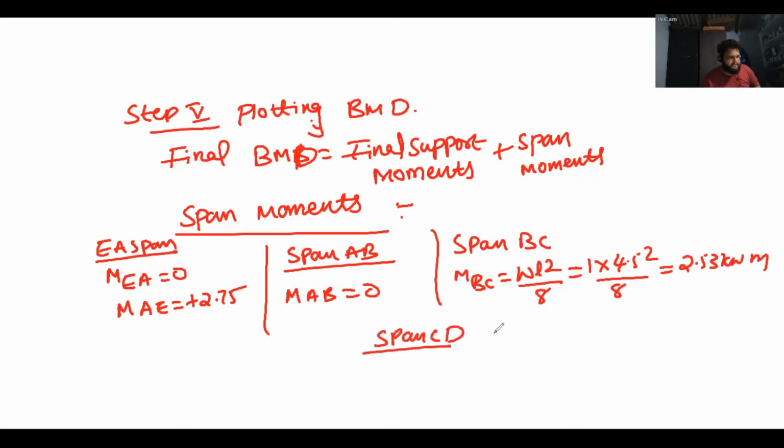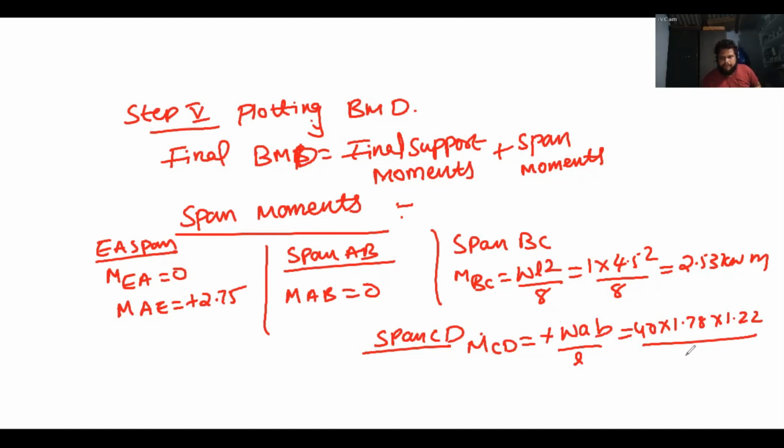Yes, it is eccentric loading. So M_CD will become, minus is not required, plus WAB by L. So W is 40 given, a is 1.78 given, b is given as 1.22, whole divided by L. Length is 3 meters. So this will give you 28.954 kilonewton meter.